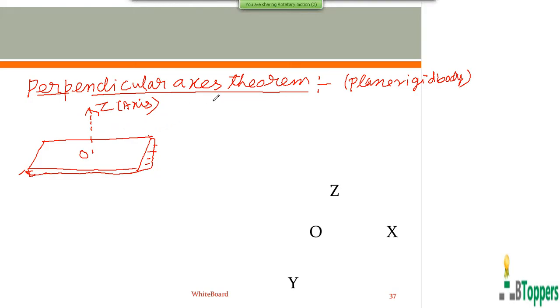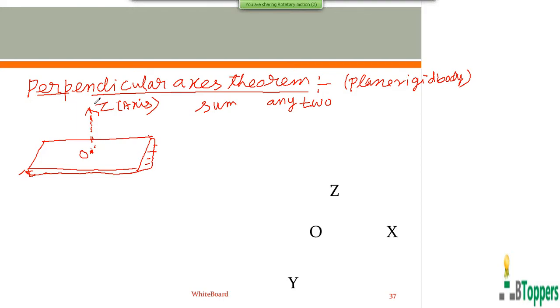Then according to the perpendicular axis theorem, the moment of inertia of a plane rigid body about an axis like OZ, which is perpendicular to the plane of the rigid body, will be equal to the sum of its moments of inertia about any two mutually perpendicular axes in the plane of the rigid body and which intersect on this first axis OZ.